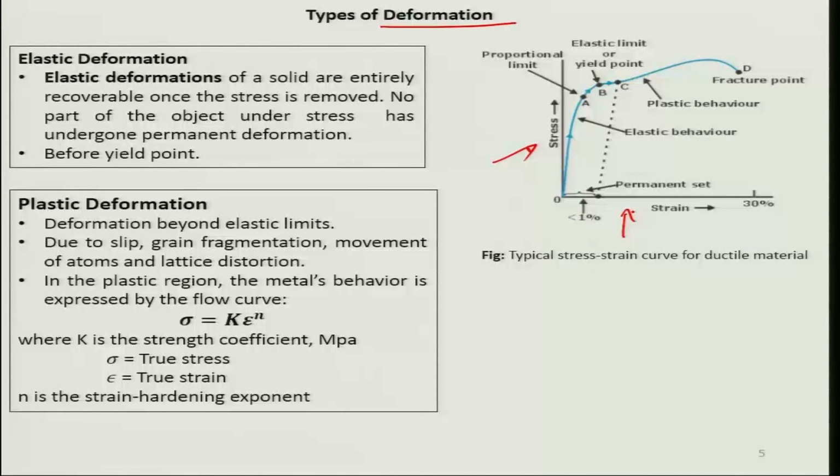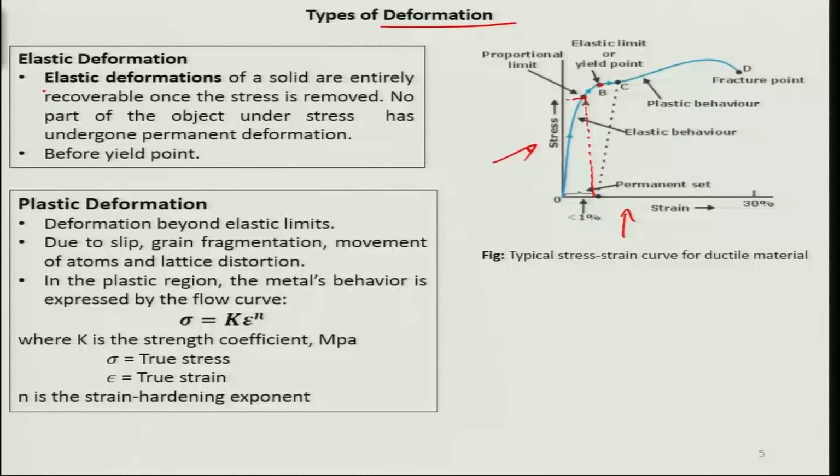It indicates a range where the stress and strain are proportional to each other, also known as the proportional limit or the elastic range, beyond which there is some maximum point up to which this sort of elastic behavior can be observed, beyond which there is something called a permanent set or a deformation. So here, for example, this is the yield point or the elastic limit up to which the deformations are primarily elastic.